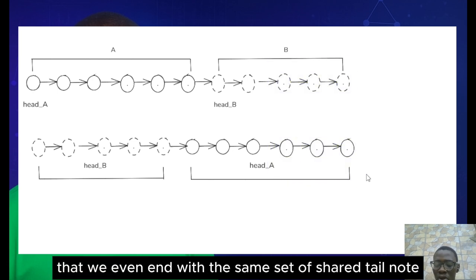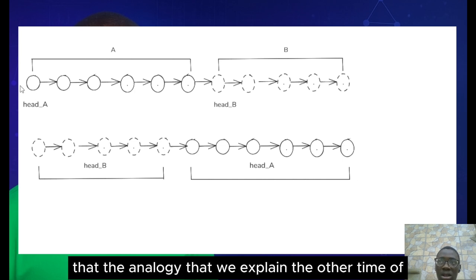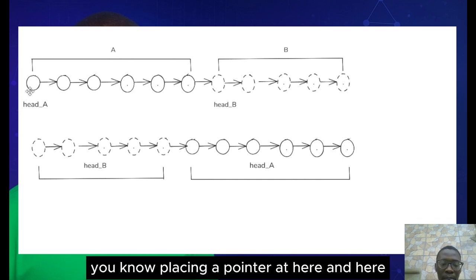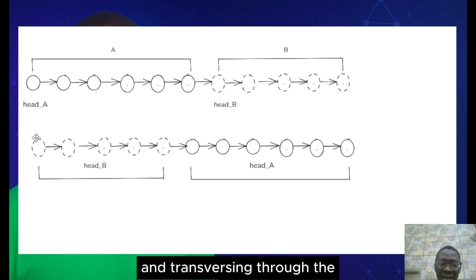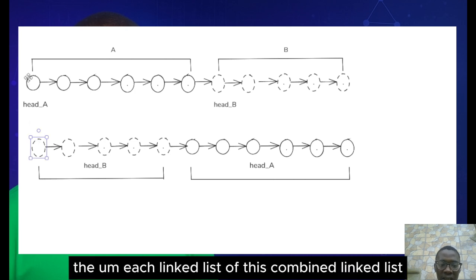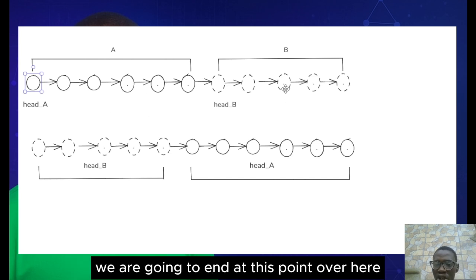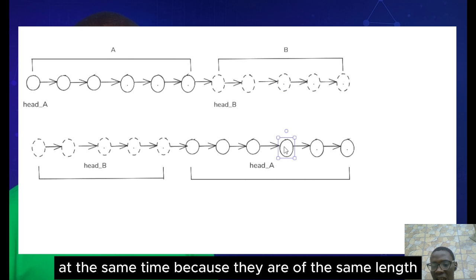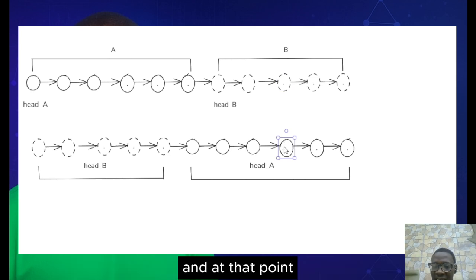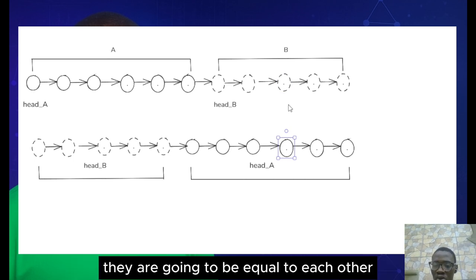Now you see the analogy we explained the other time of placing a pointer at the start and traversing through each combined linked list proportionally, in the same proportion. We are going to end at this point over here at the same time, because they are of the same length, and at that point they are going to be equal to each other.